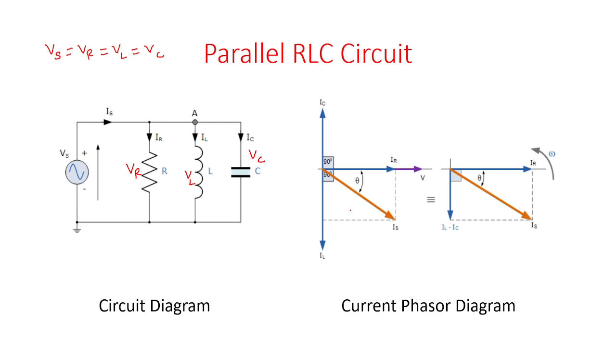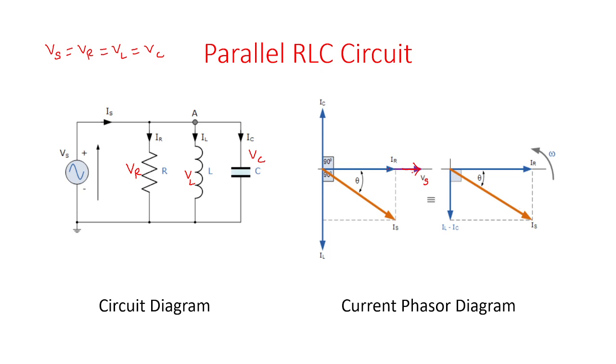So on the right side we see the phasor diagram. In the phasor diagram, we are taking the voltage, which is the voltage source Vs, because it is the same voltage across the resistor, inductor and capacitor. And we know the current and the voltage are in the same phase in the resistor.